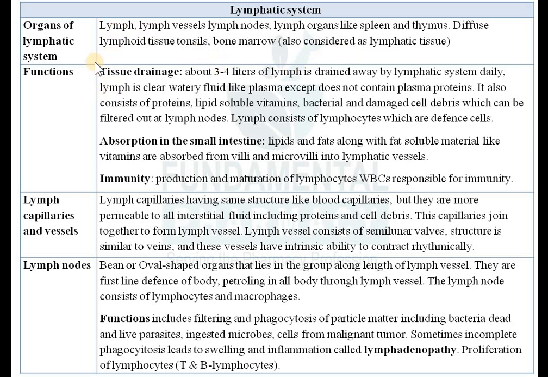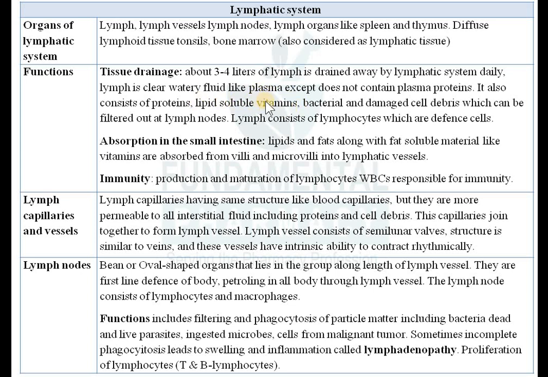Okay, so what is the function of your lymphatic system? So tissue drainage. Tissue drainage means what? So whatever fluid is present in the tissue, that should be replaced, so that tissue fluid is collected. Okay, so about 3 to 4 liters of lymph is collected per day. Okay, so 3 to 4 liters of lymph is collected by lymph capillaries every day from the tissue. Okay, now what is lymph? Lymph is nothing but a clear watery fluid like plasma, except this lymph does not have red blood cells.